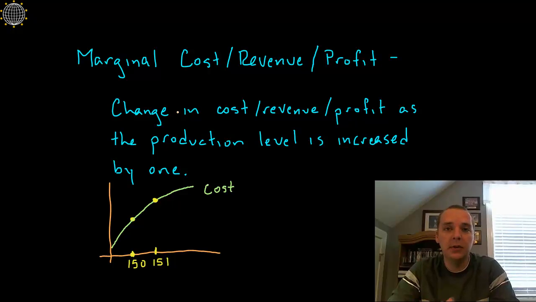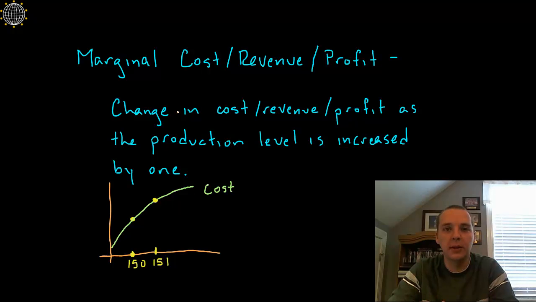So one particular topic in relation to calculus and these financial topics is something called marginal cost or marginal revenue or marginal profit. Here's what it is, and I'll explain this in the context of marginal cost, but it's the exact same idea for marginal revenue or marginal profit.